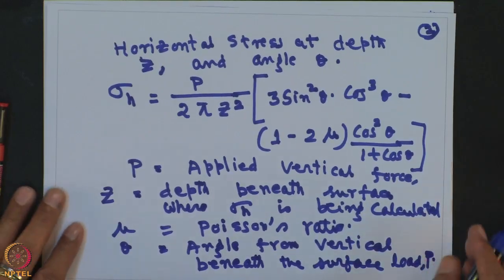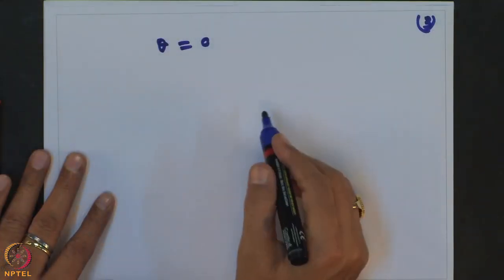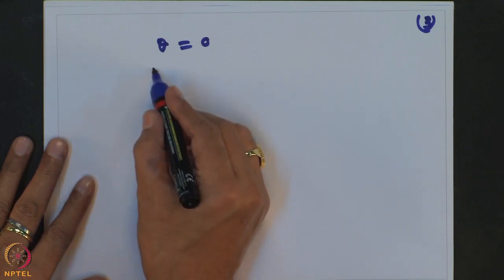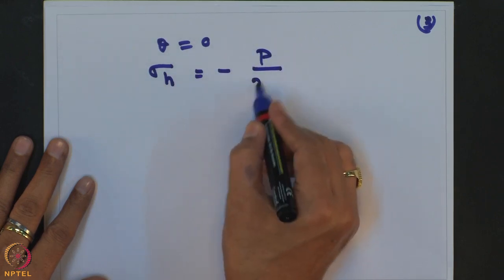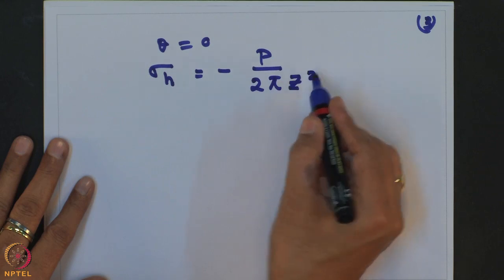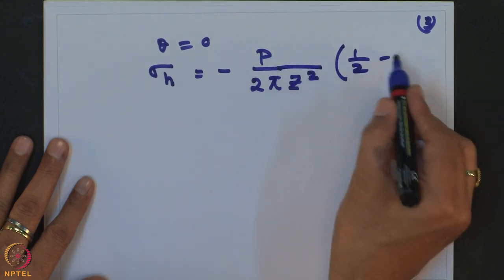Now, if you put the load directly beneath the load, where theta is equal to 0, when you are placing the load directly, you can have the equation sigma h is equal to minus P by 2 pi z square, into half minus mu.